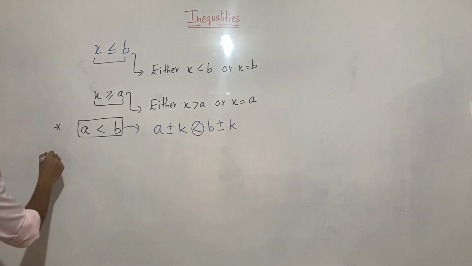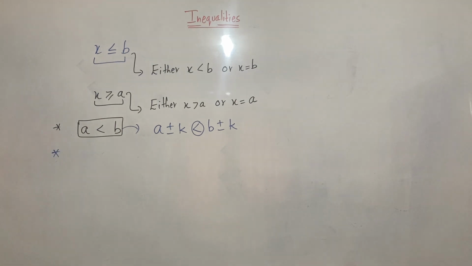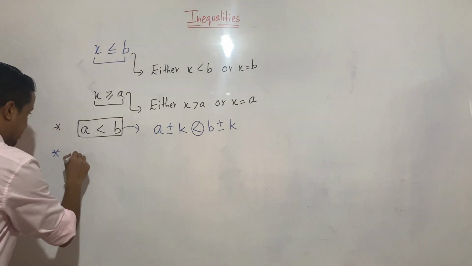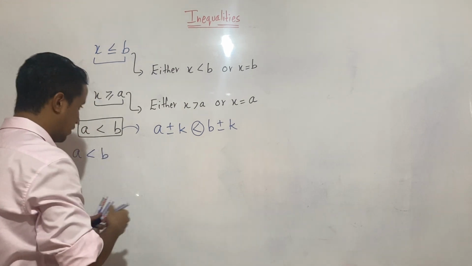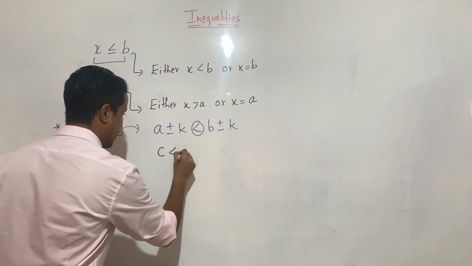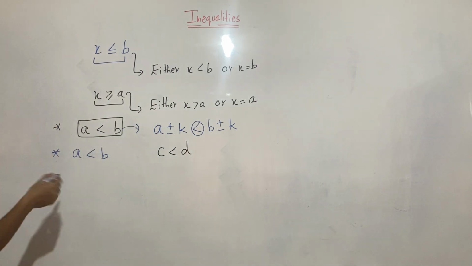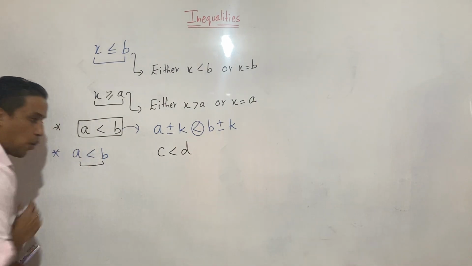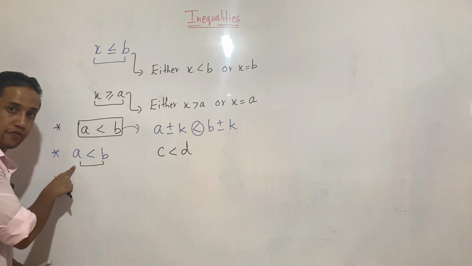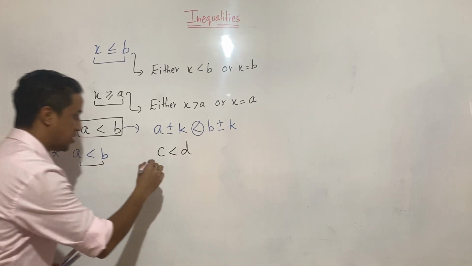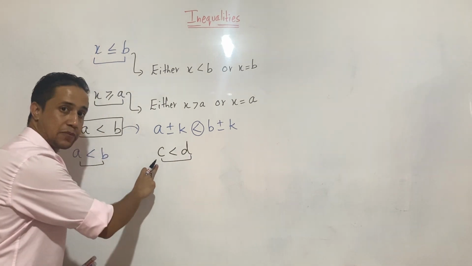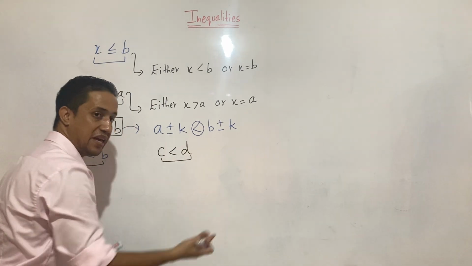Let's say I have two inequalities. First is a is less than b, and here I have another one, c is less than d. In this inequality, a has the smaller value and b has the bigger value. Same here, c has the smaller value, d has the bigger value.